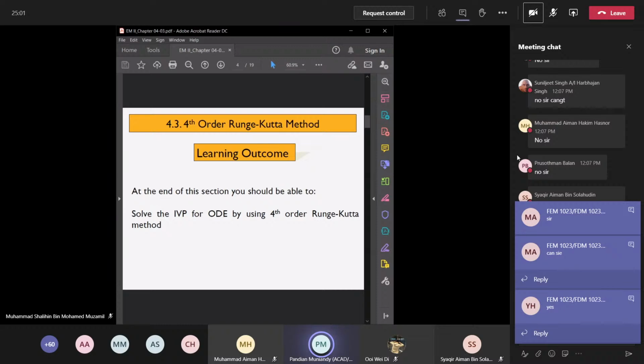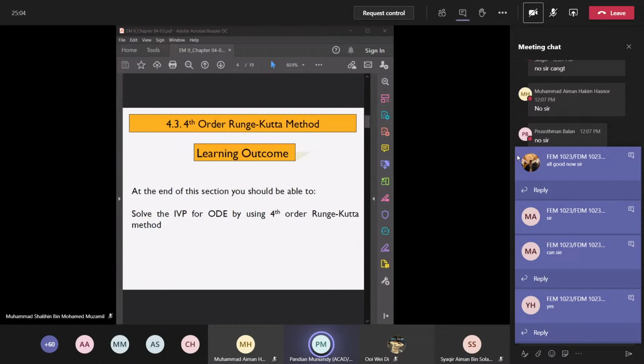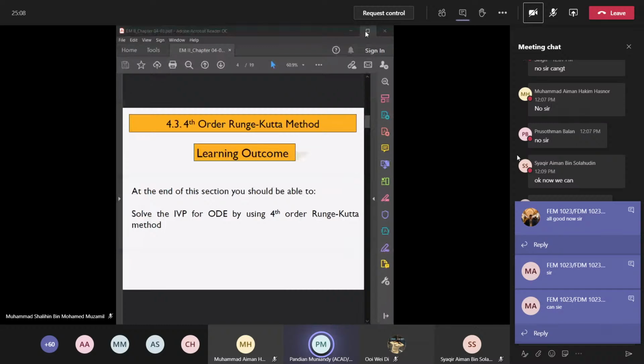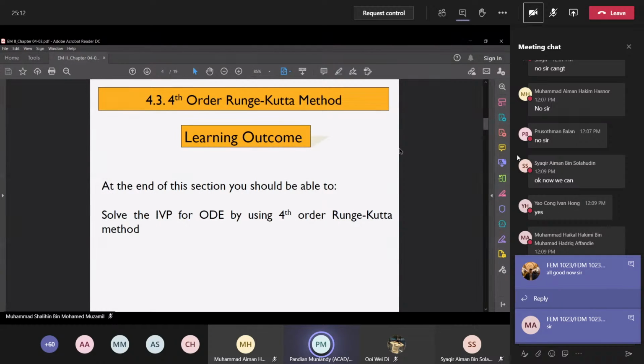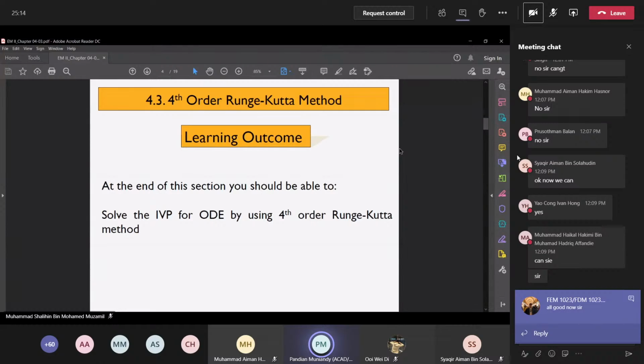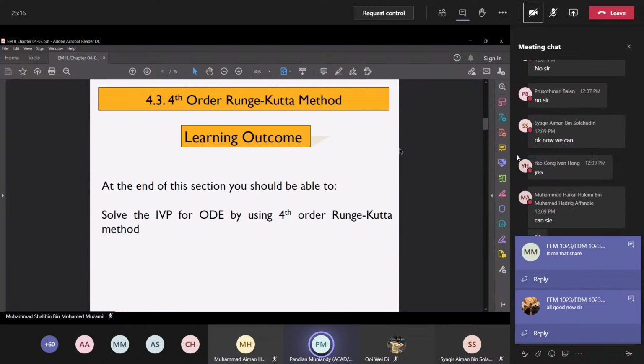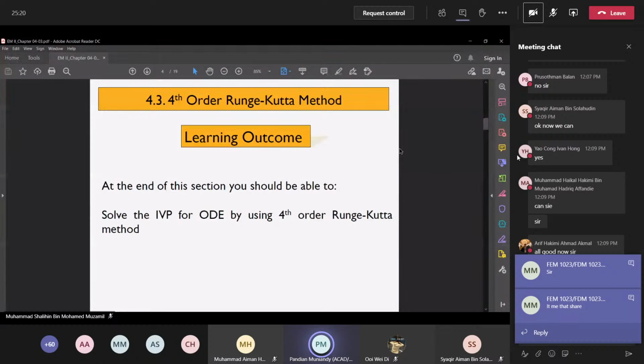How to make it bigger? It is too small. Read mode, sir.